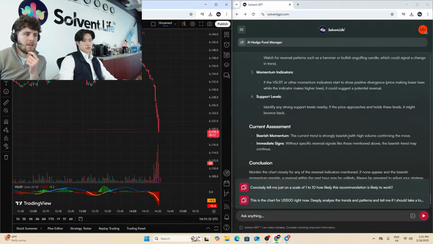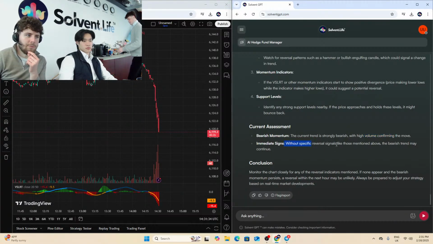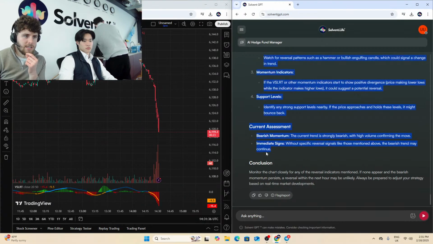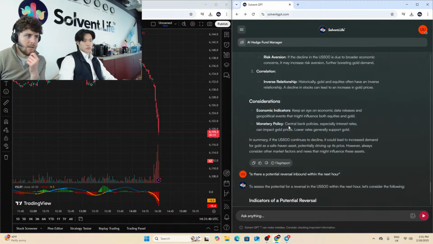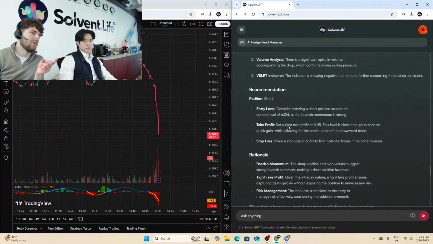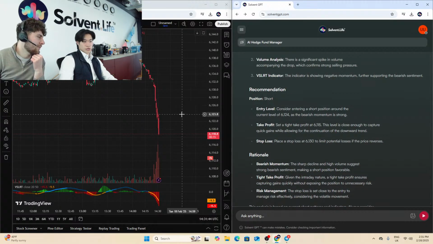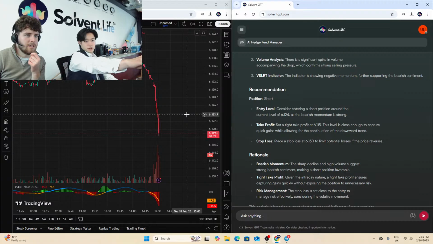So the trend is currently bearish, high volume confirming the move. I mean, we identified it when it was at 6124. Yeah, that's when we first saw it.